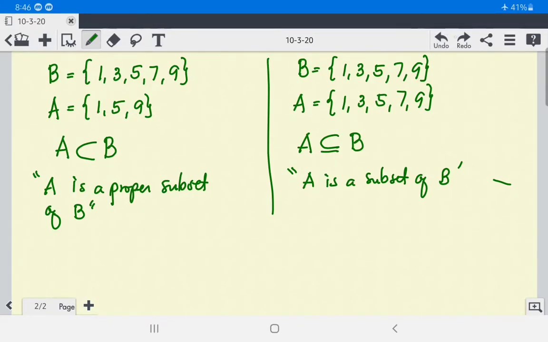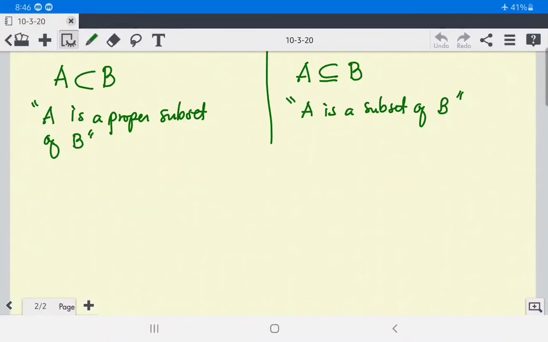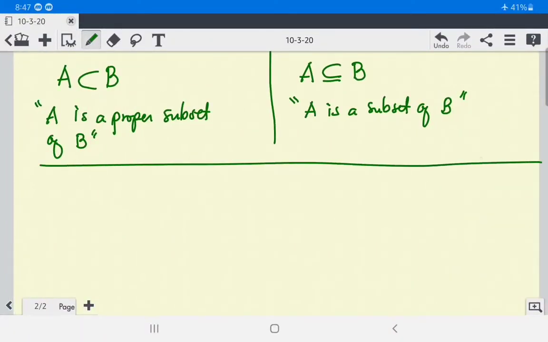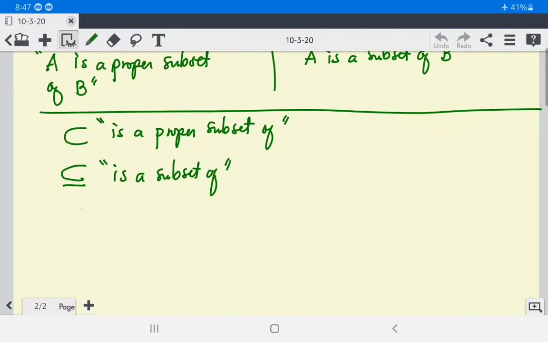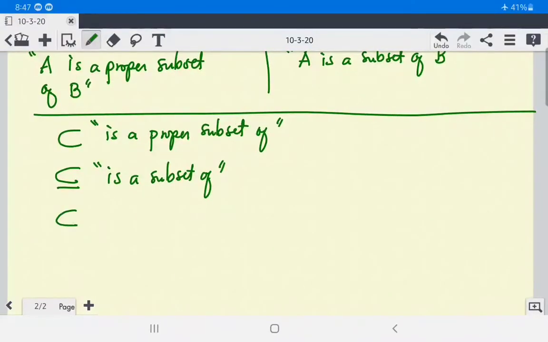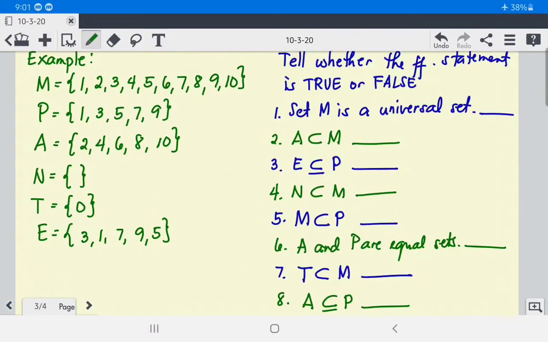Okay, so in symbol, okay, this one, we read this as is a proper subset of, and then this symbol with an equal sign at the lower part is a subset of. Okay, and then this symbol, we read this as not a proper subset of. Okay, let us have an example.